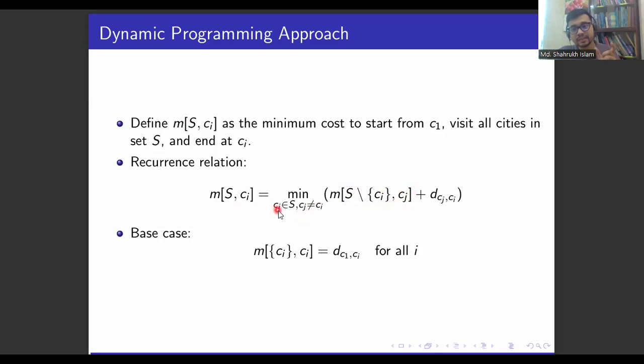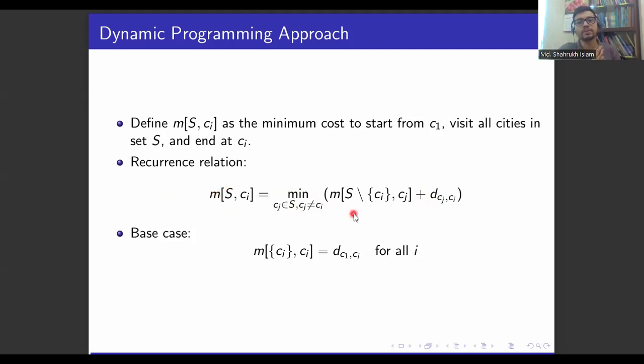Cj can be anything, but Cj is not Ci. So we will calculate this term, which is a smaller problem. Then we have to go to the ith city, so we are adding D(Cj, Ci). We will get this from our given matrix. We are given an input of the cost to travel from one city to another. I hope you understand this recurrence relation.